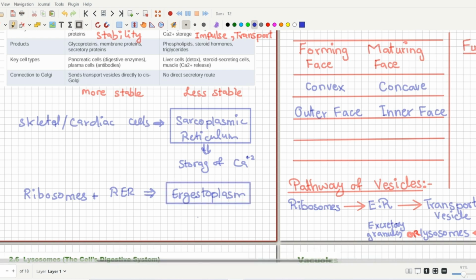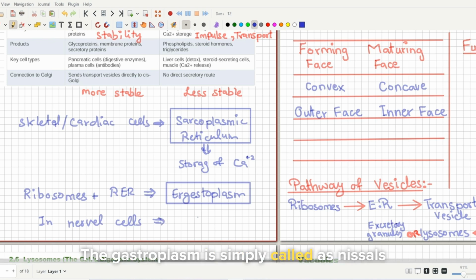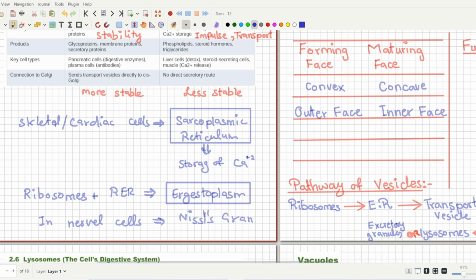Then in nerve cells, the Ergastoplasm is simply called Nissl's granules.